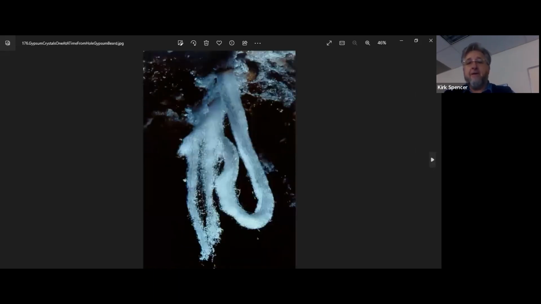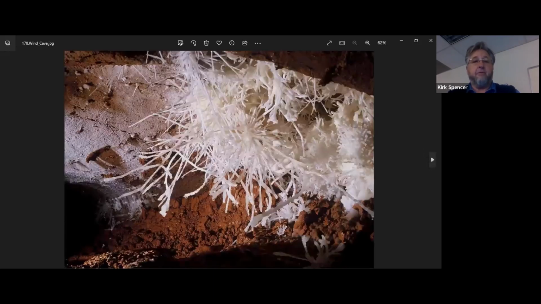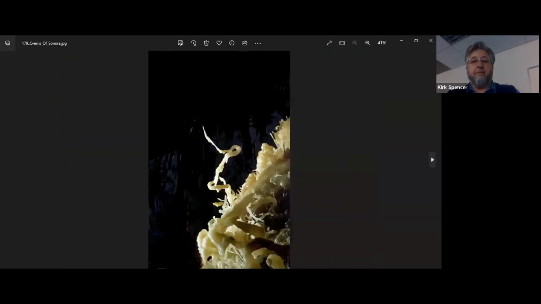So they closed it. But my son told me a few years ago that I think they've opened it back up because they put in a system where they can control the temperature and humidity a lot more now. Anyway, these are some gypsum formations there in Sonora. Very delicate.